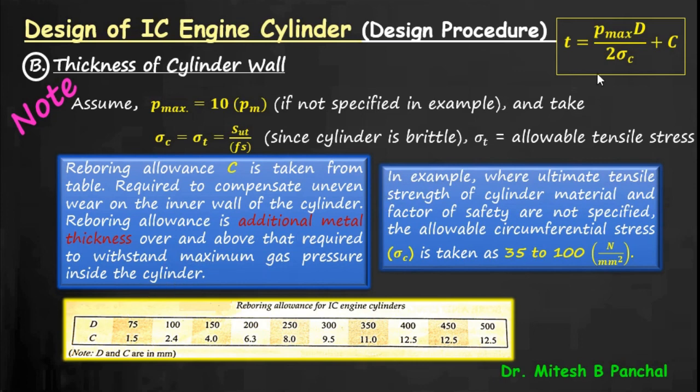So because of that reason, in this particular equation you can see that this t is based on the hoop stress or circumferential stress, plus C is added, meaning this C is added over and above the required thickness of the material based on the hoop stress calculation.